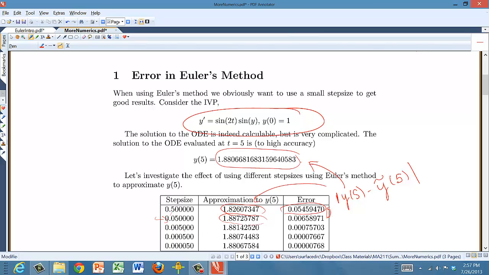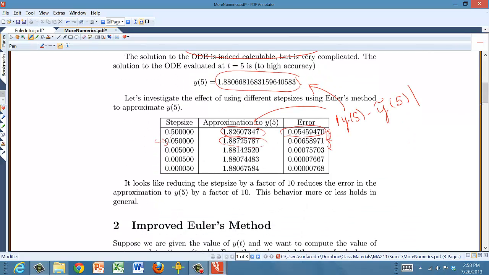And the same pattern holds here. I used a step size of 0.005, and I got an error that was roughly 10 times better than the previous error, and so on and so forth. That is a pattern that holds in general.